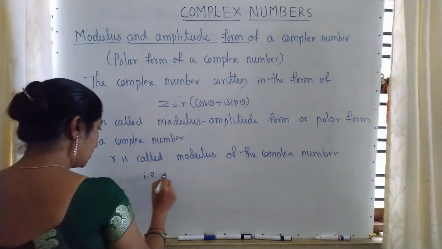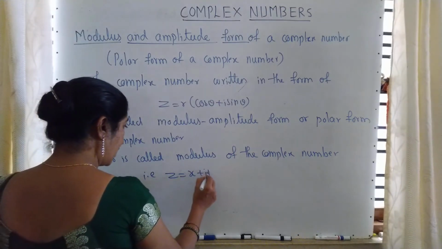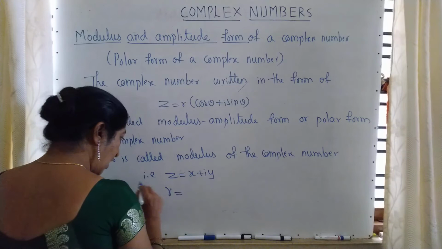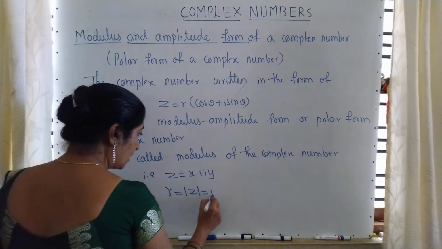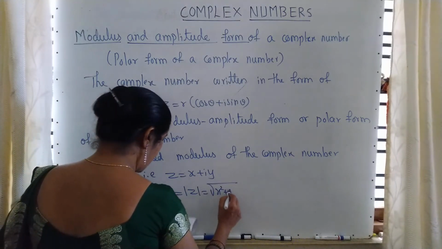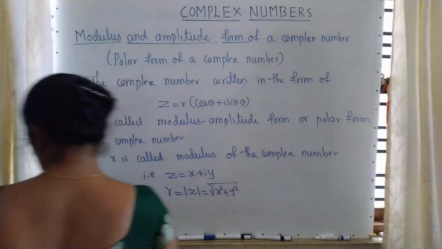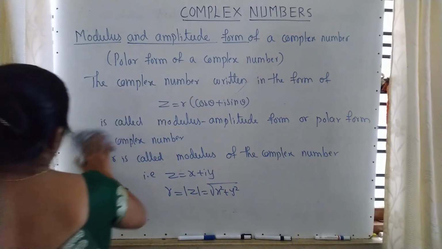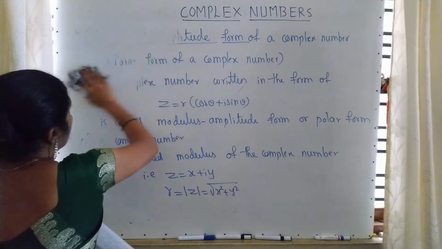that is, z is equal to x plus iy. r, the modulus, is denoted like this, and it is nothing but the square root of x square plus y square. And the important concept is modulus.